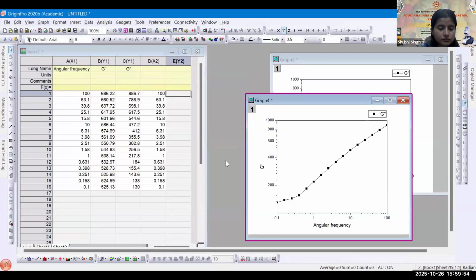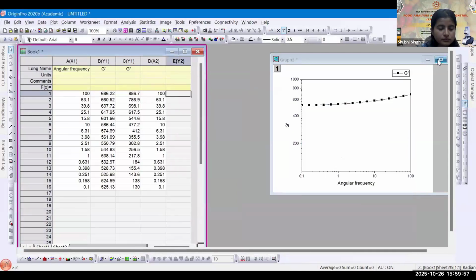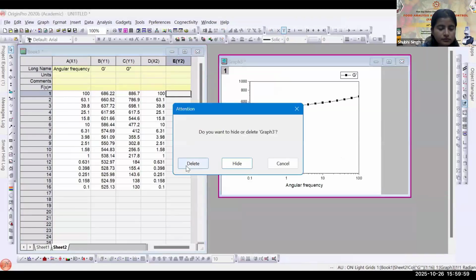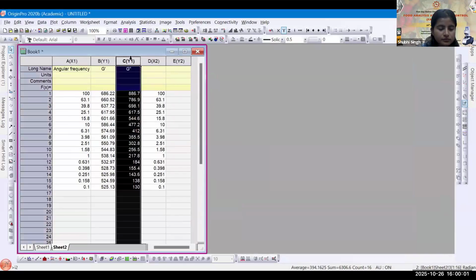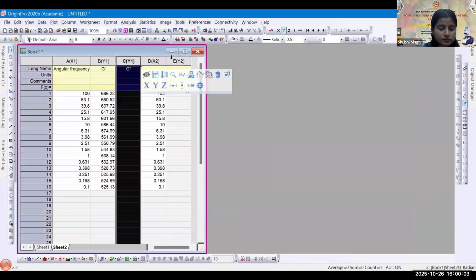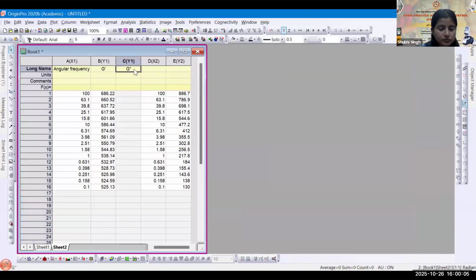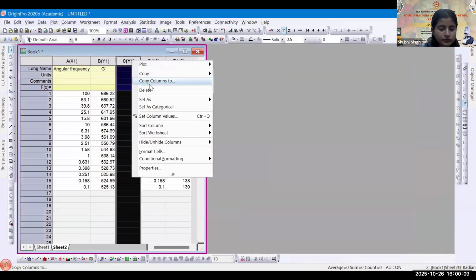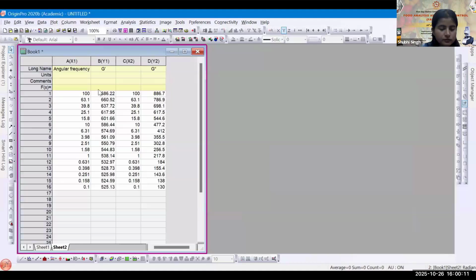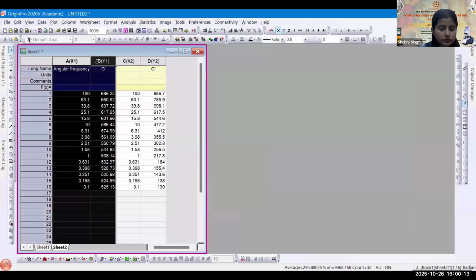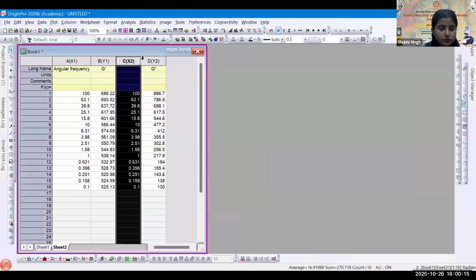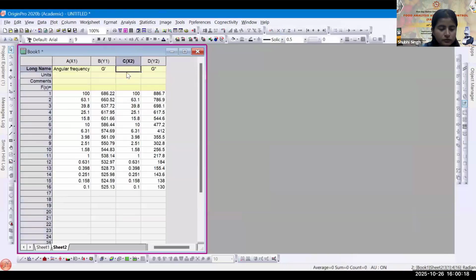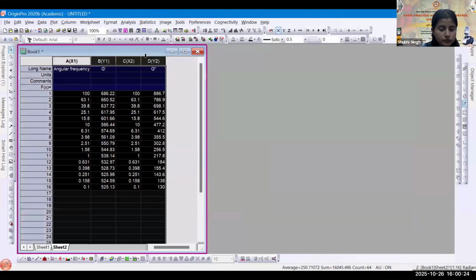I will delete this column. Now paste the G double prime here. Now this is x1 y1 and this is x2 y2. Now I want to plot both of this data together in a single plot. So what will I do?